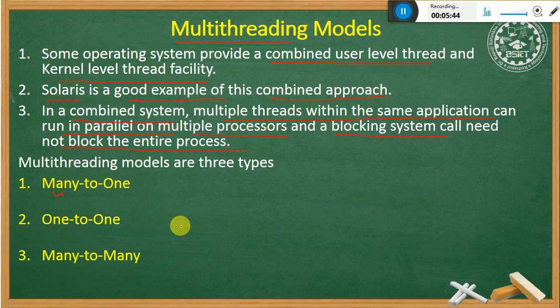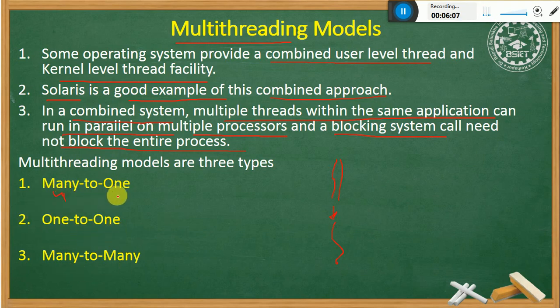My dear students, I have previously discussed this concept: if you want to execute a user level thread, there must be a kernel level thread. Every user level thread has its appropriate kernel thread in the kernel space. Depending upon that concept, we have three models: many to one, one to one, many to many.